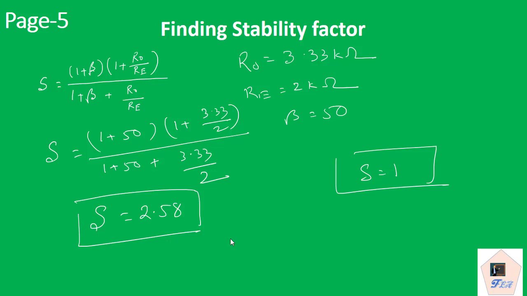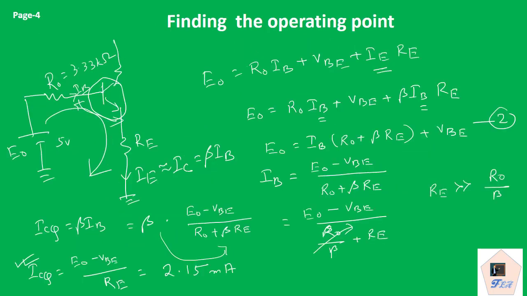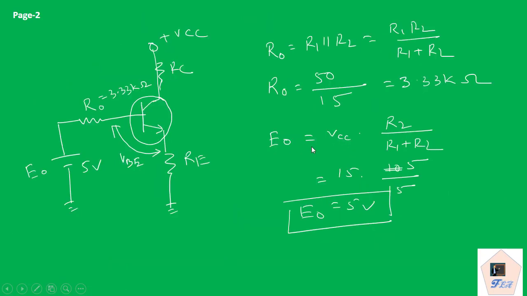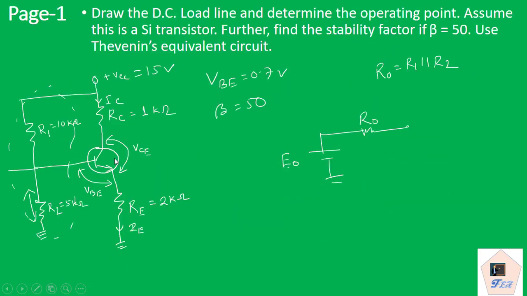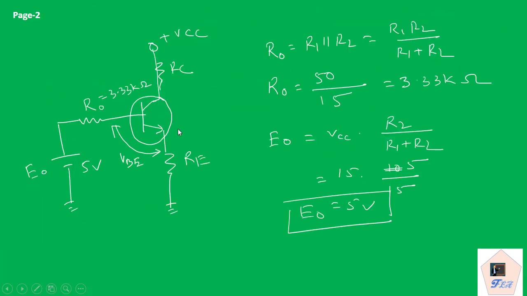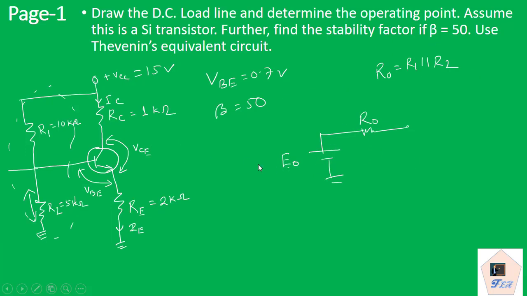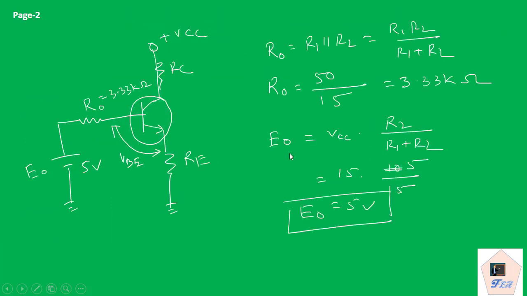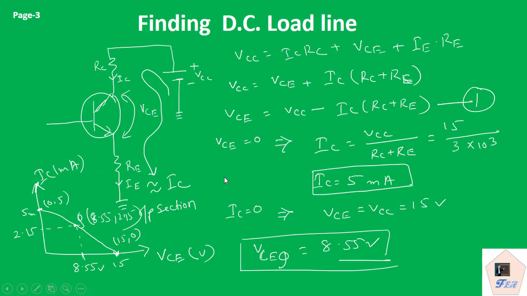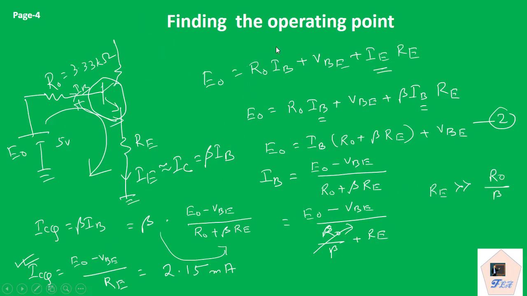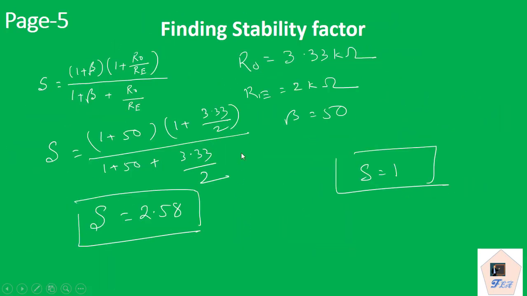In the previous video one method we followed, and in this video we have followed the Thevenin equivalent circuit method. Here we have reduced the self bias circuit with the Thevenin's equivalent circuit. Further we found the DC load line on it and the operating point on the DC load line, followed by the stability factor. So here we end this discussion. Thank you.